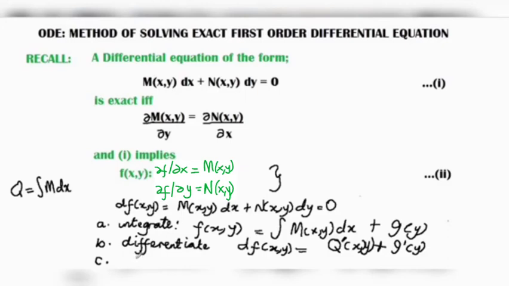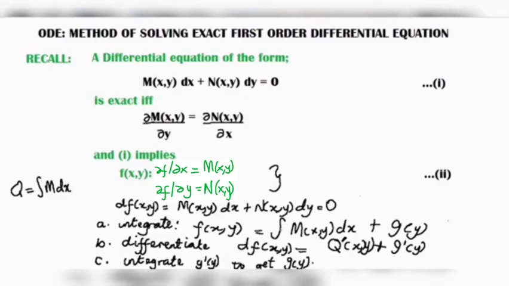So I need g prime of y to become g of y. I'm integrating g prime of y to get g of y. It's very easy. Once you start solving, you see it.